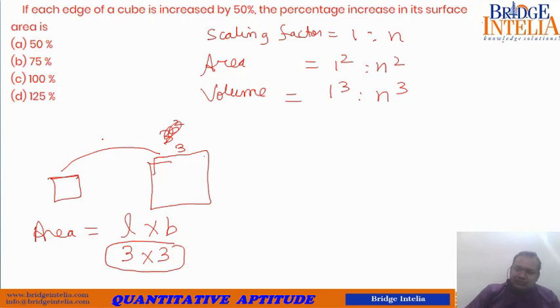What used to be 1 became 3. So length of 1 has been changed to length of 3. So if length changes, area also changes, volume also changes. So you can calculate directly. So scaling factor 1:9. This is for old object, this is for new object. So similarly, the area of old and new object will obtain this ratio, and the volume of old and new object will obtain this ratio.